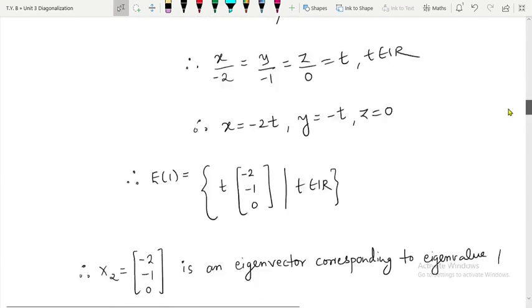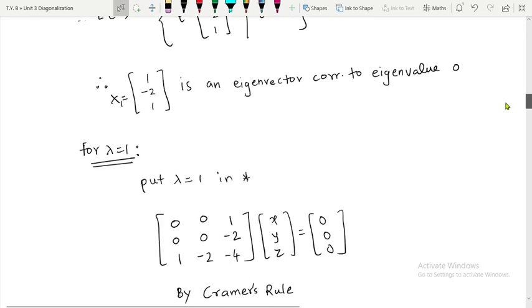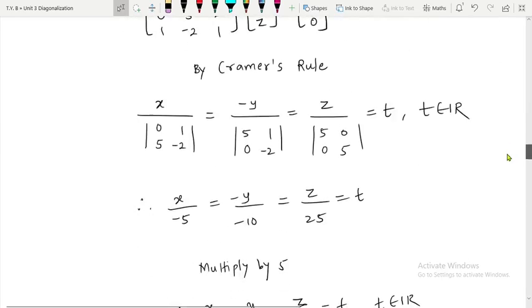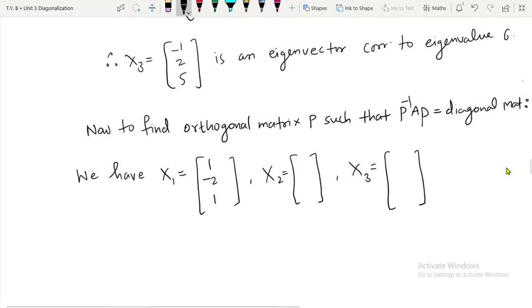So our first eigenvector was, I guess, 1 minus 2 1. Note that it is corresponding to eigenvalue 0. The second one is corresponding to eigenvalue 1, and the third one is minus 1, 2 and 5.